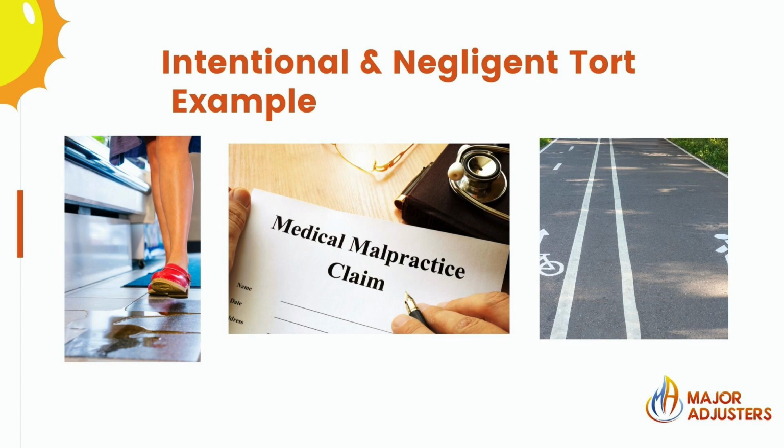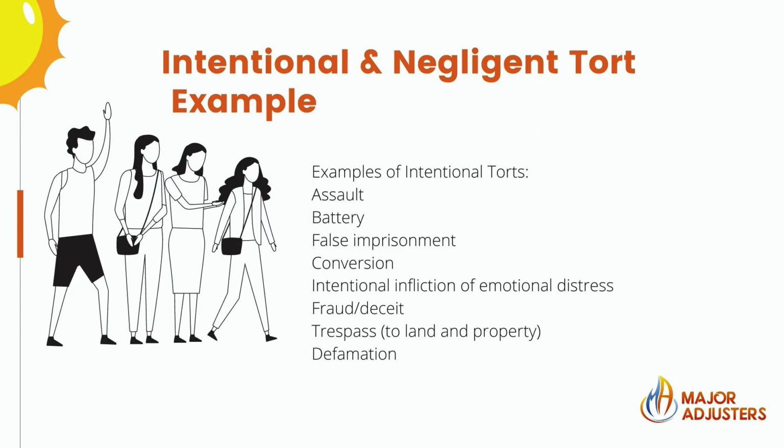Examples of negligent torts are slip and fall accidents, car accidents, truck accidents, motorcycle accidents, pedestrian accidents, bicycle accidents, and medical malpractice. Other examples of intentional torts are assault and battery, because you physically go do it.